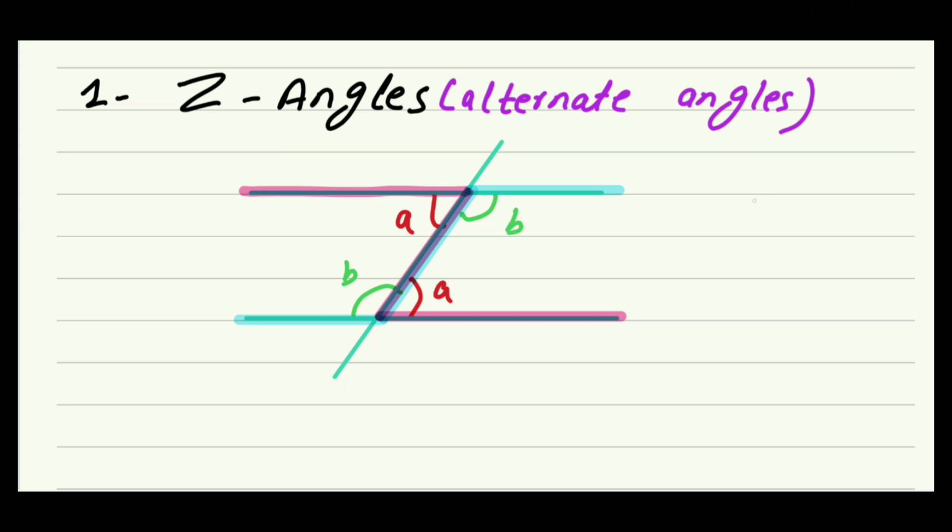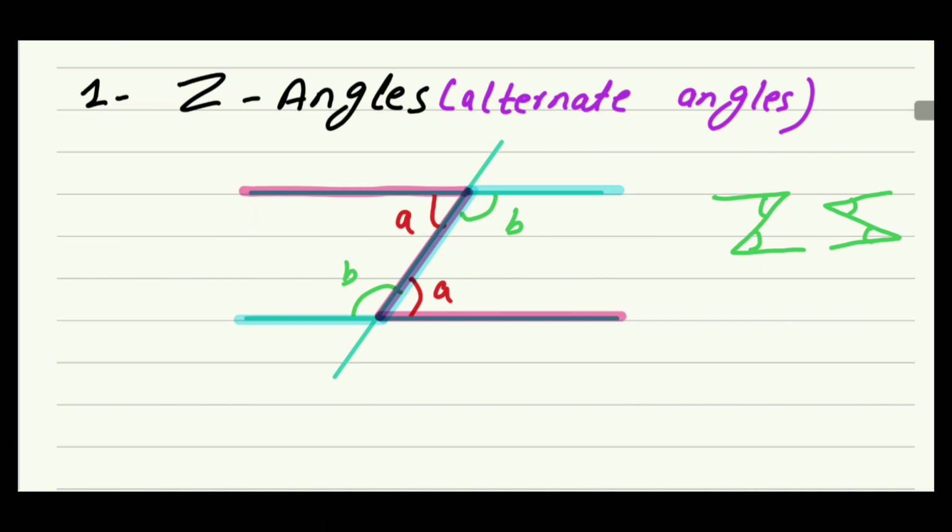Like the angles inside this Z are this and this, and they will be same. So this is the alternate angles property. This A and this A are called alternate angles, and this B and this B are called alternate angles because they are making a Z shape.